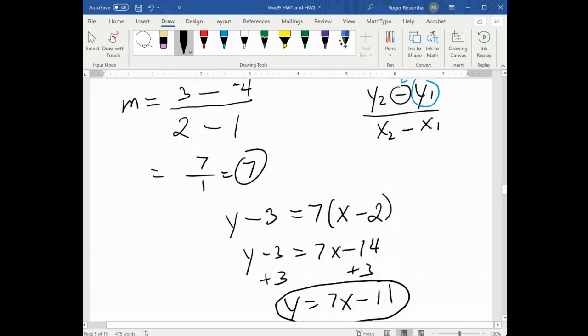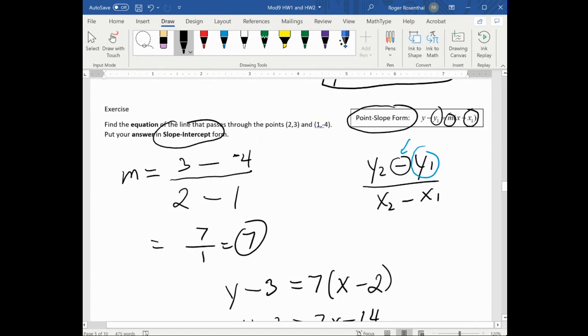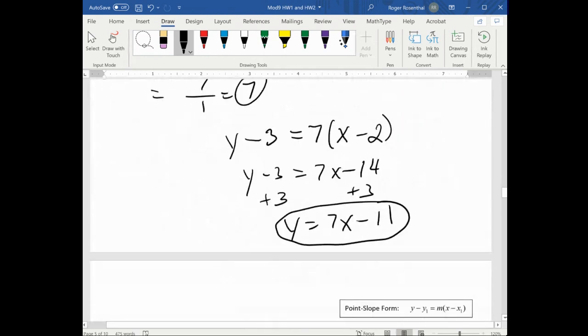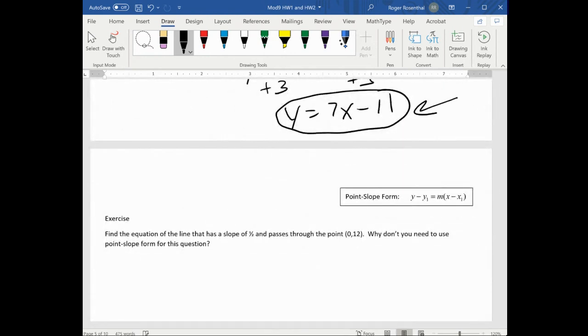Let's go back. Remember, that equation tells us that if you plug in the x and y coordinates of that point into it, it will make it true. If you plug the x and y coordinates of that point into it, it will make it true. And you will see that both of those work. So that's the equation. There's our answer.